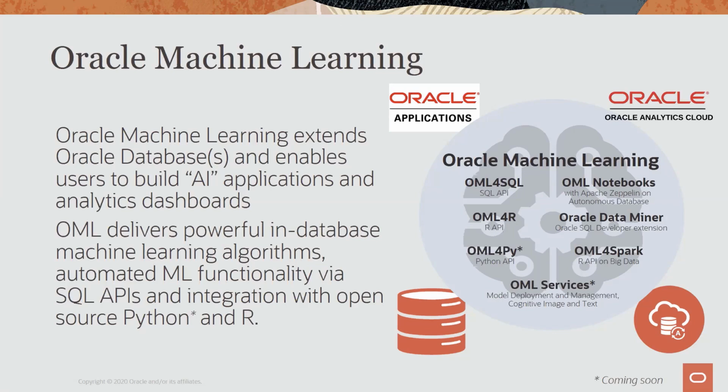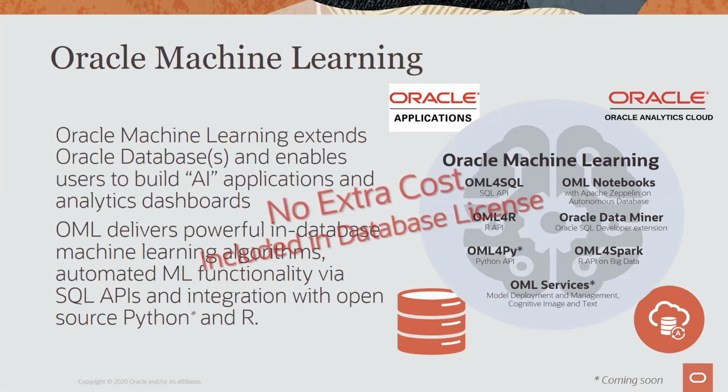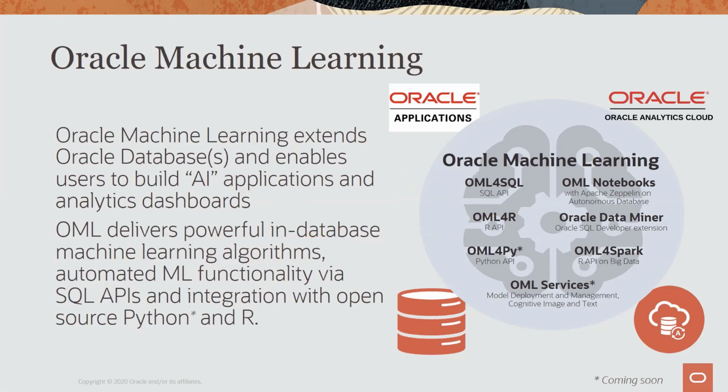So in total, Oracle Machine Learning delivers powerful in-database machine learning algorithms, automated machine learning functionality, and exposes that via, of course, SQL and PL/SQL, but also integration with open source Python and R. And as I said, I think the coolest thing about this is it comes with all of your licenses of your Oracle Enterprise Edition, SE2, and autonomous databases. It is an included feature, along with spatial and graph, which opens up even more possibilities.